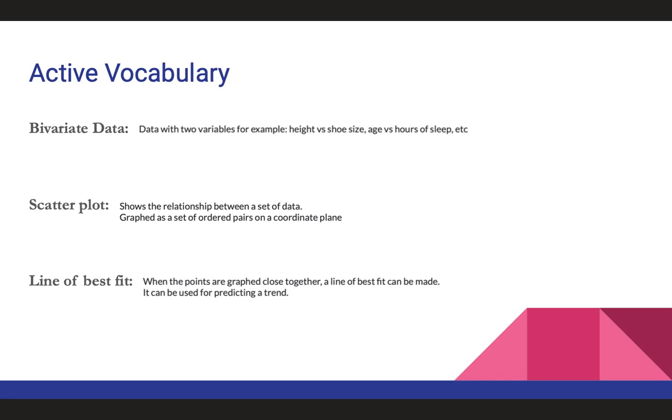With that, we can make a line of best fit or a line of fit. For when the points are graphed close together, they'll fall on a line, sort of, that represents the data, and a line of fit can be made. This can be used to represent the data and can be helpful in predicting a trend. And we'll do this a little bit later with an example.